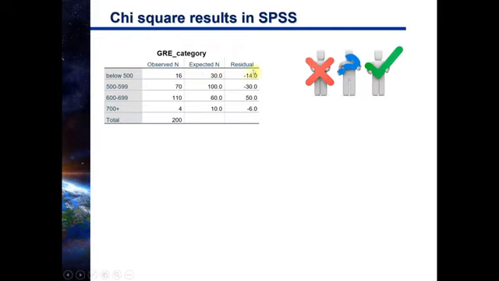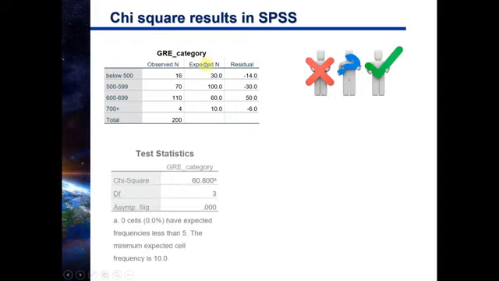So we were 14 under what we would have expected. Here, we're 30 under. Over here, we're 50 over. And down here, we were very close. We're just 6 under. All right, now, the question becomes, are the two distributions distributed the same way? That's what we're trying to find out.